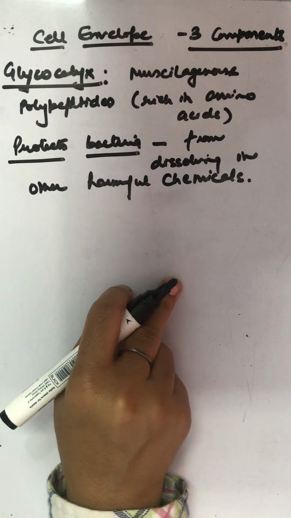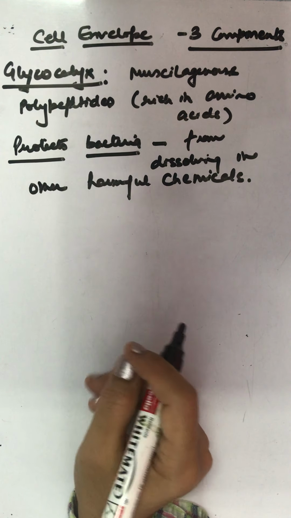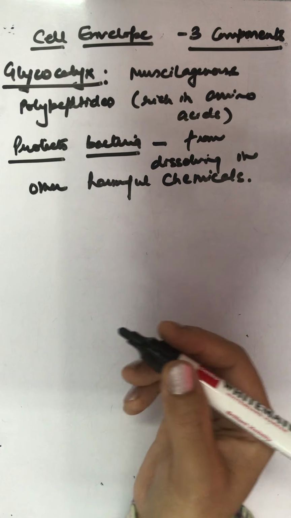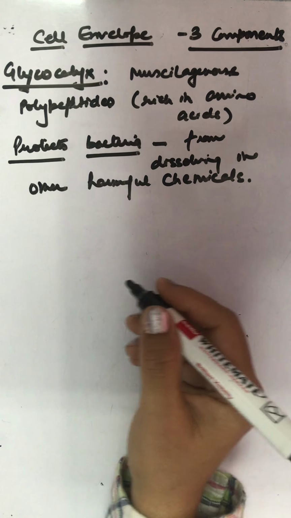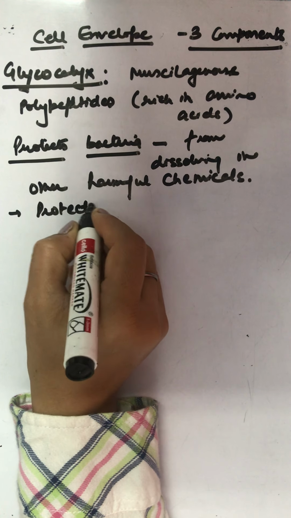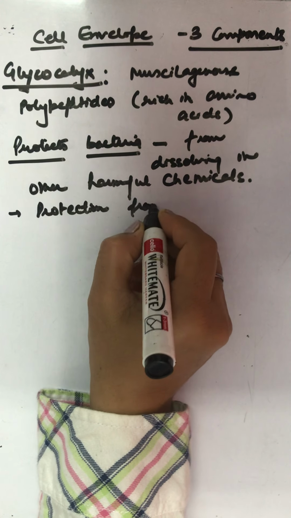It has several other functions also: protection from phagocytes, that is, being eaten up, protection from toxic chemicals, protection from viruses, protection from desiccation.